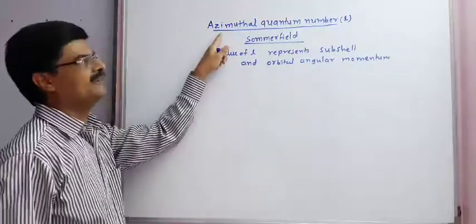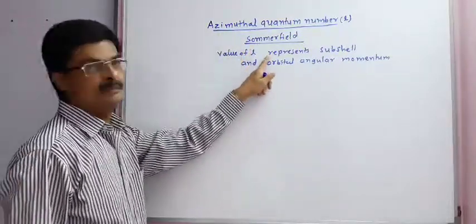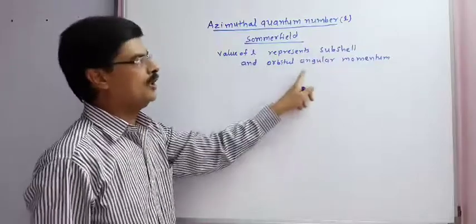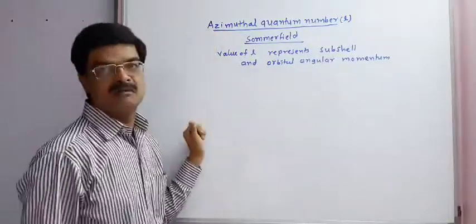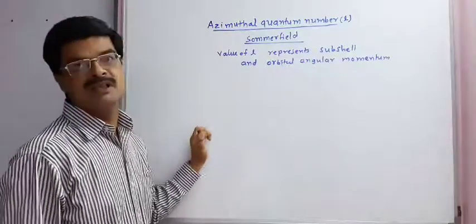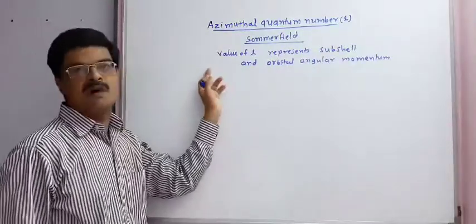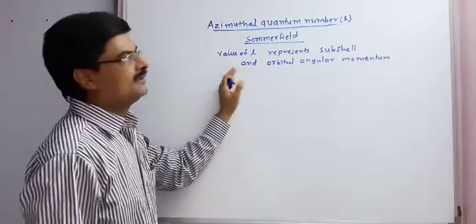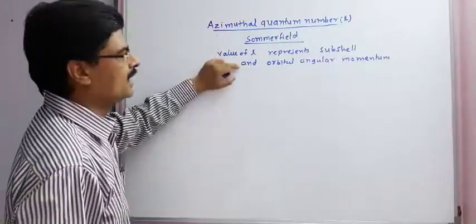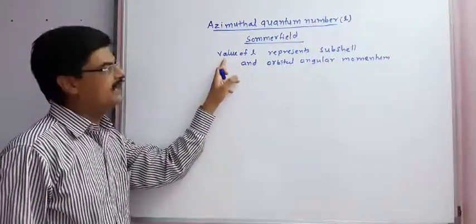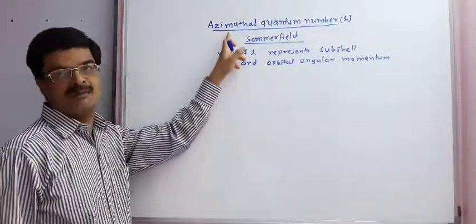Means we can say azimuthal quantum number represents subshell and orbital angular momentum. Now, azimuthal quantum number has different names like subsidiary quantum number or secondary quantum number also. So now we are going to understand more in detail about azimuthal quantum number.